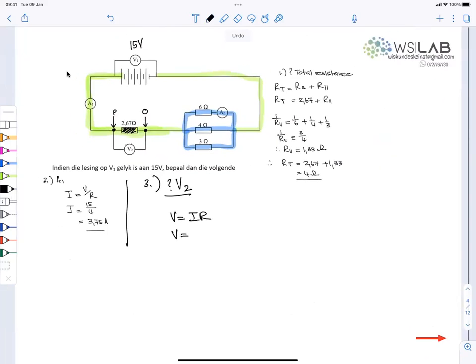Why not? Because there's also potential lost in that blue parallel circuit, so it must be less than 15. The current flowing through that resistor is 3.75 and the resistor is 2.67. That is 10 volts. So voltmeter 2 is 10 volts.